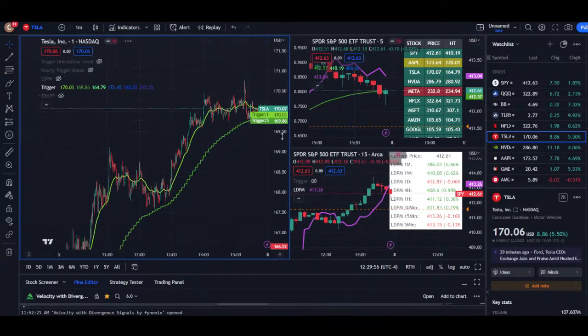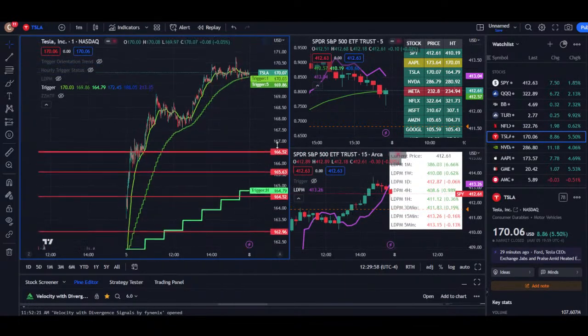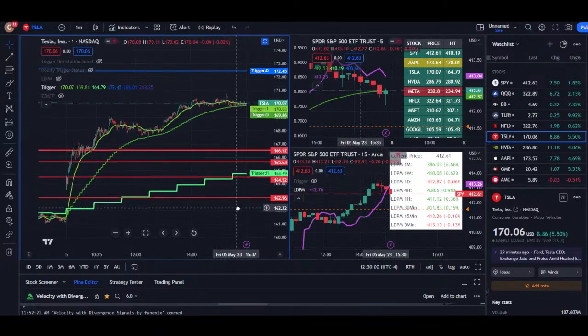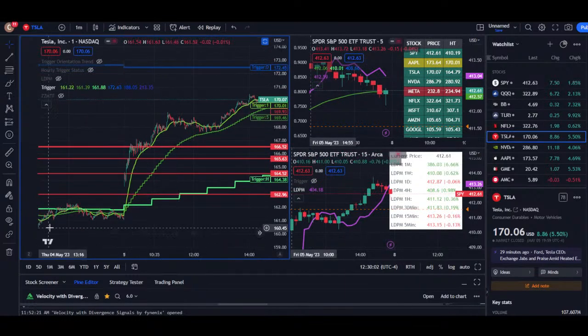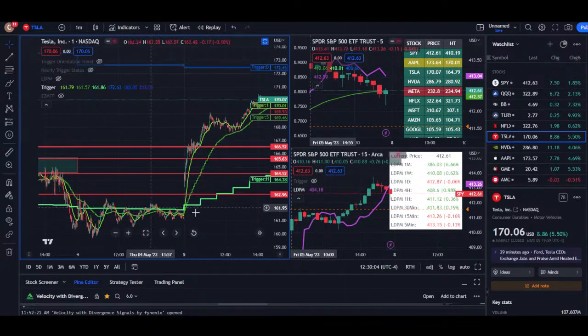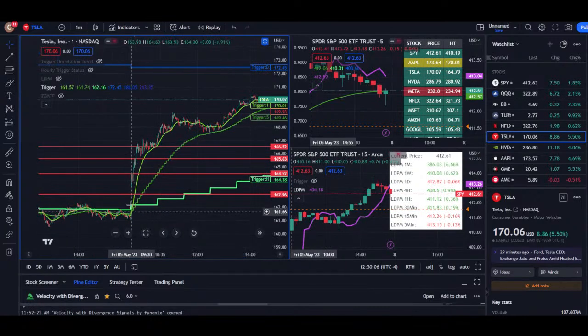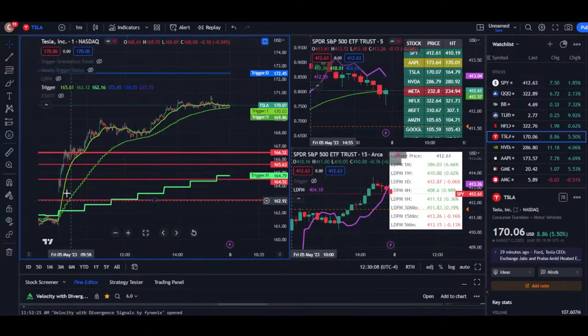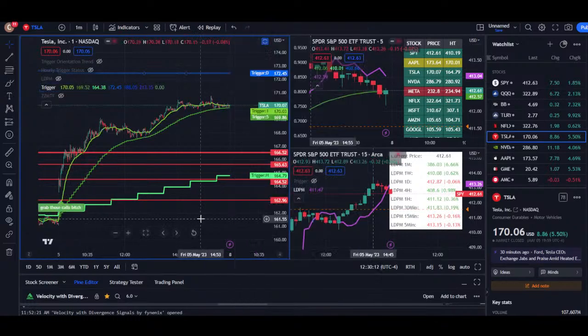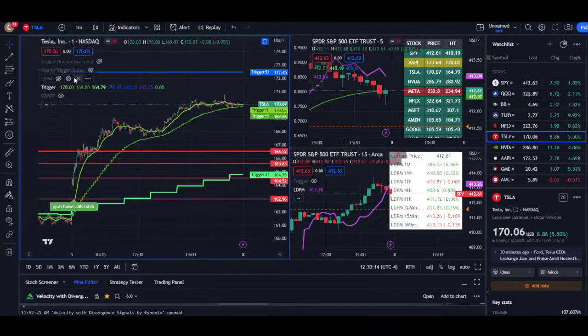Now, Tesla, for example, another very easy trade for us is price was battling at this hourly trigger for a while, finally breaks above, and immediately that's where you get your alert. Grab those calls if you have them on. I don't, because I already know what to do.